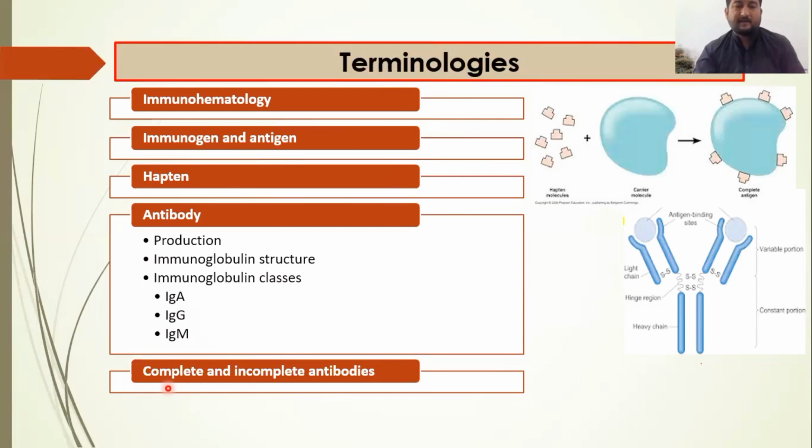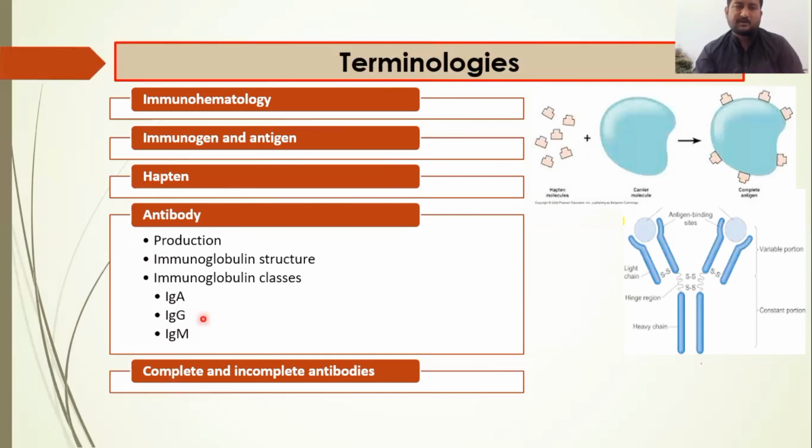Keep in mind that blood group A, blood group B, and blood group AB contain about 80% IgM antibodies. But in case of blood group O, the IgG antibody contains 80%.